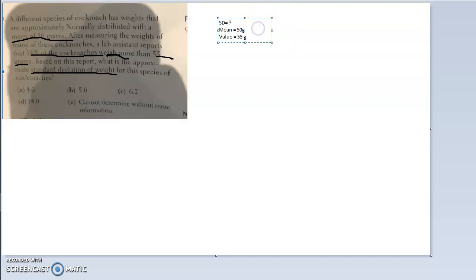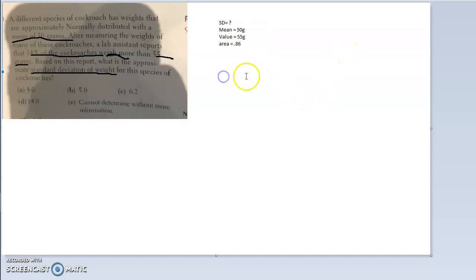And then the area: because 14% of the cockroaches weigh more than 55 grams, you're looking for the rest of the area, which will be 0.86.